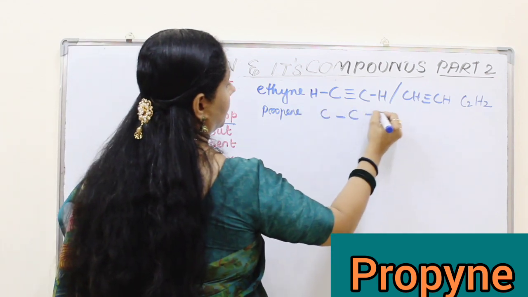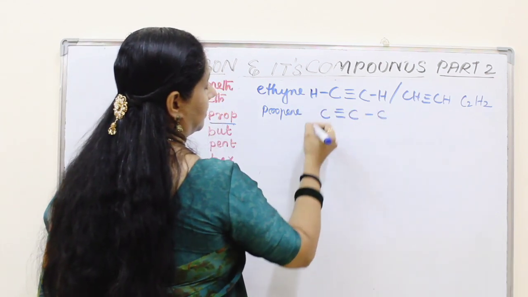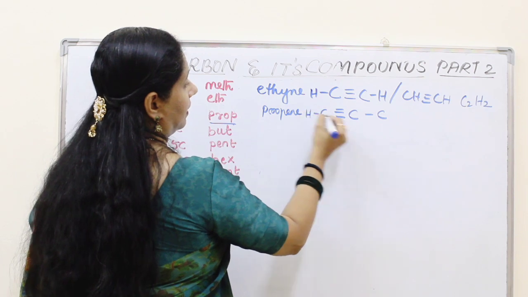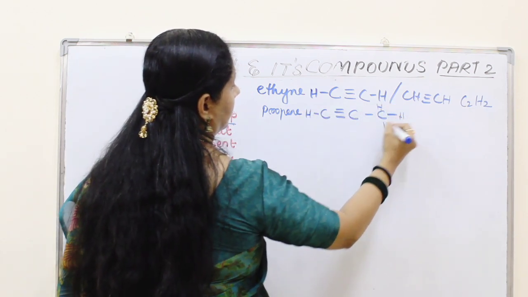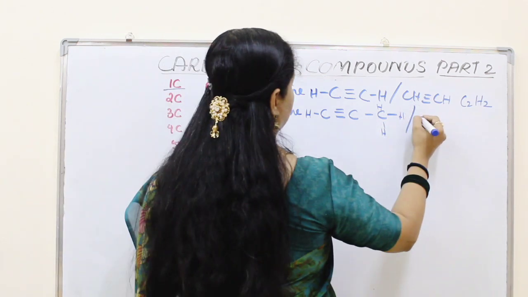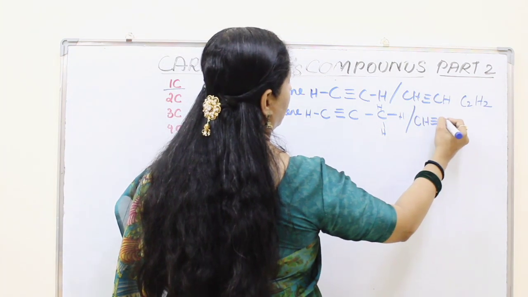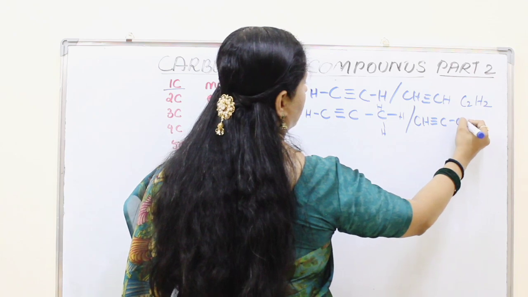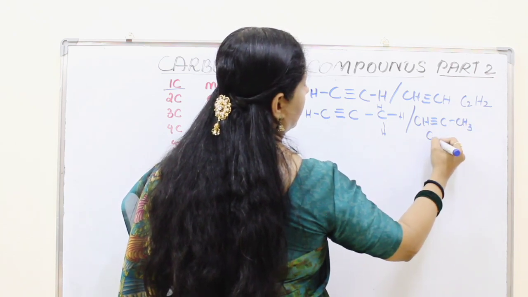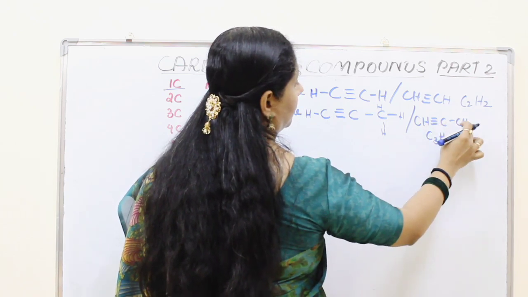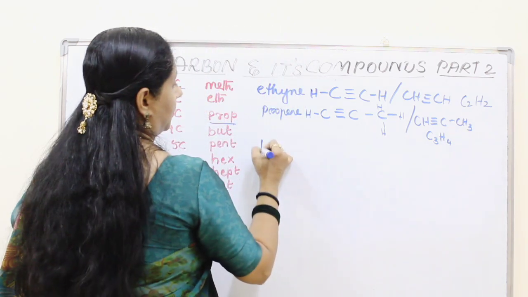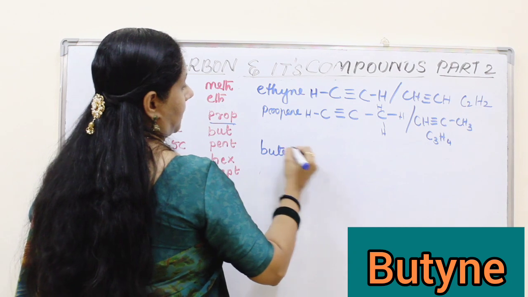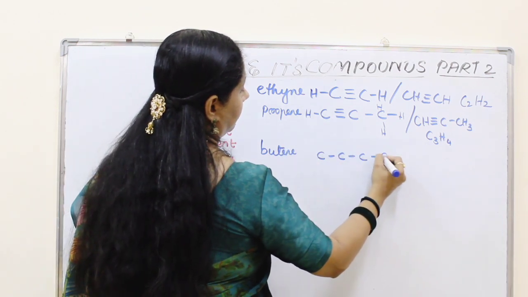1, 2, 3. Here I am making triple. So 3 gone, 1. All 4 gone. So here 1, 2, 3. So condensed will be CH triple bond C single bond CH3, or C3H4. Now butyne. 1, 2, 3, 4.